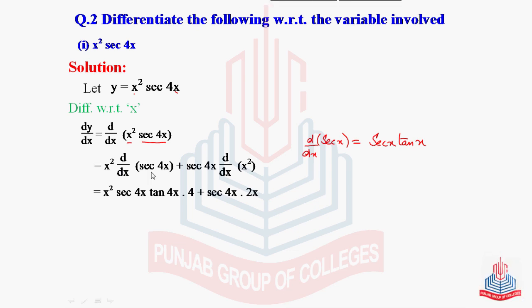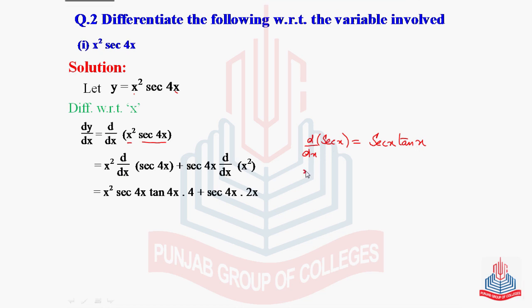Here we have secant 4x, where the angle is not x but a multiple of x. So again using a differentiation technique, differentiation will apply on this basic function, which is secant, and the derivative of secant is secant into tangent.